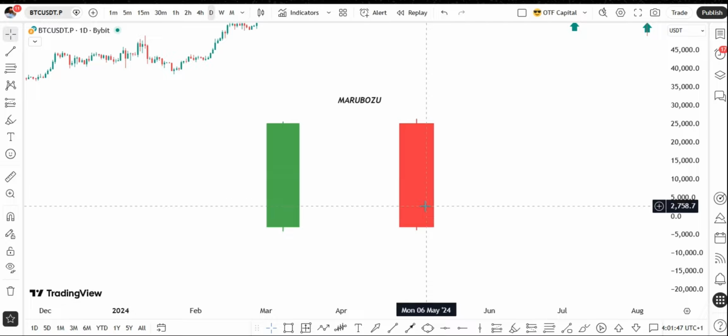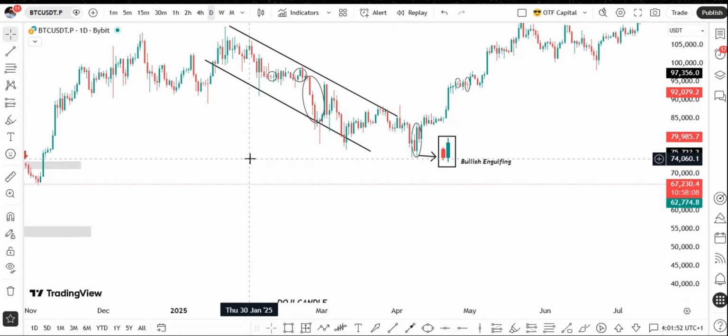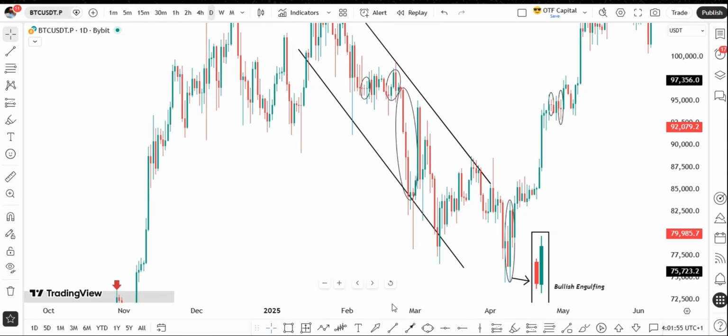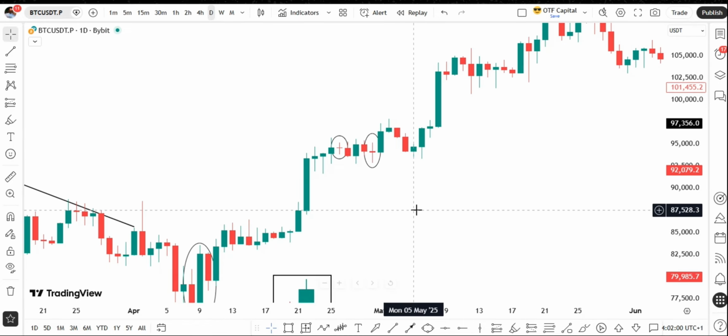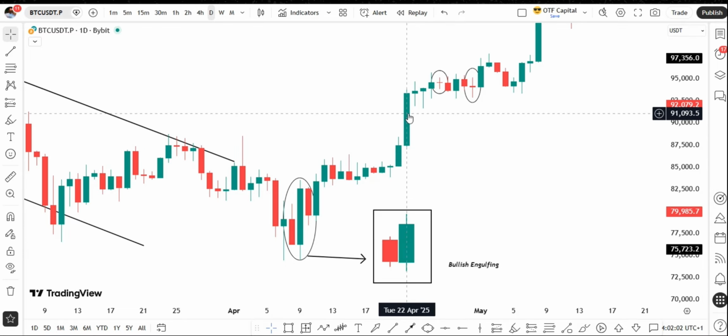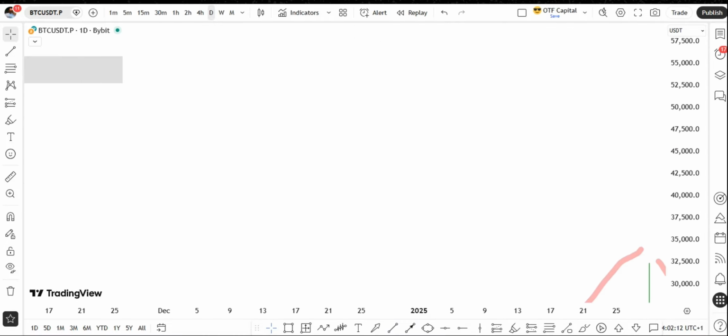They also communicate continuation. You can see what happened on the uptrend and downtrend. You can see what happened on the downtrend here. Even on the uptrend, this candle is a marubozu candle, a momentum candle. They communicate continuation. That's what they always do.